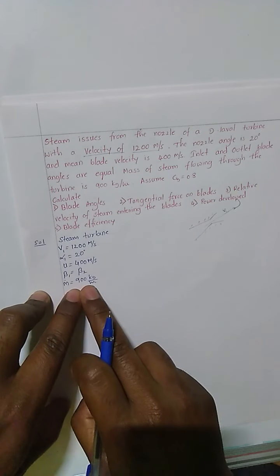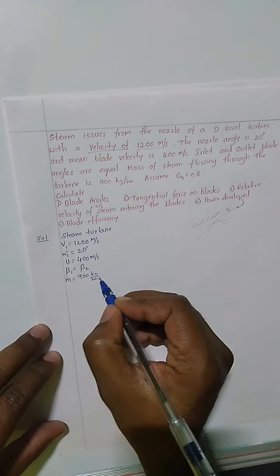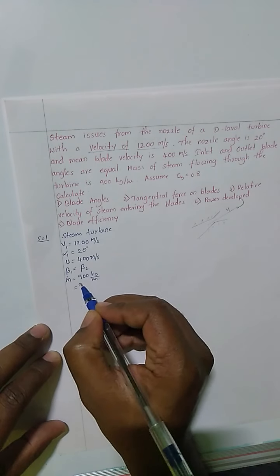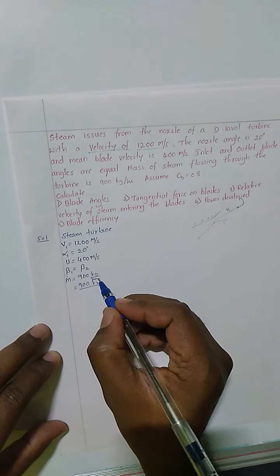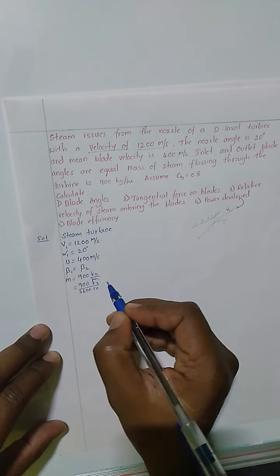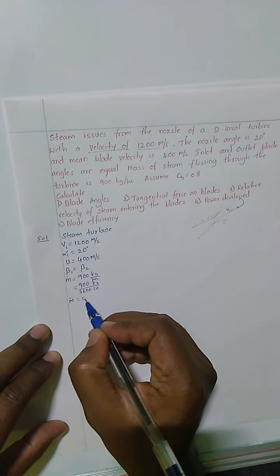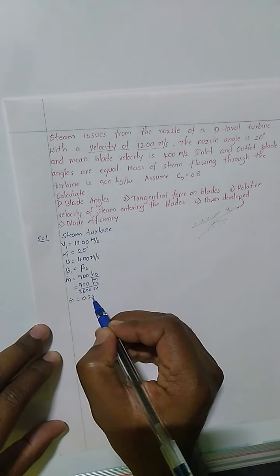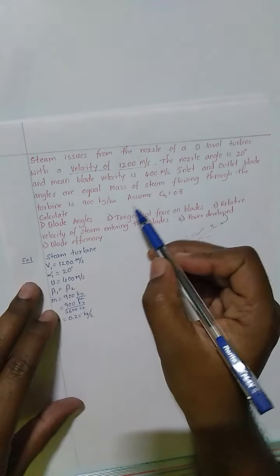So this 900 kg per hour, we need to convert into seconds. It is 900 kg divided by 1 hour, which is 3600 seconds. So approximately you will get m dot is equal to 0.25 kg per second.